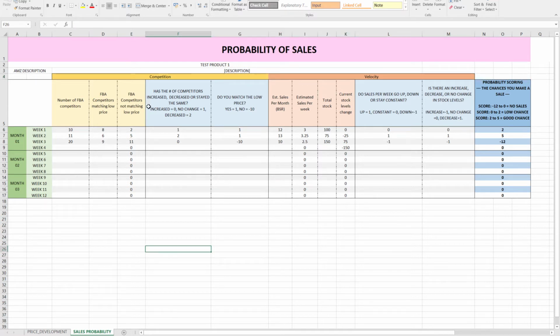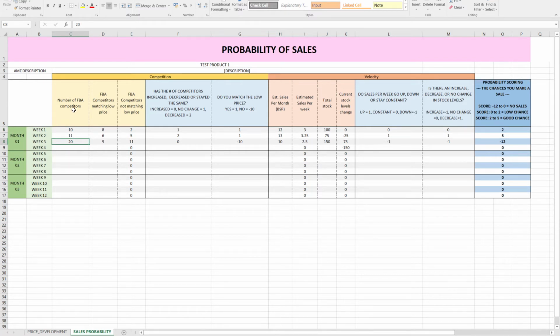What you need to do every week, because here you see again 3 months, is check the number of FBA competitors. So forget about FBM. Just fill in the total number of competitors on that particular listing.